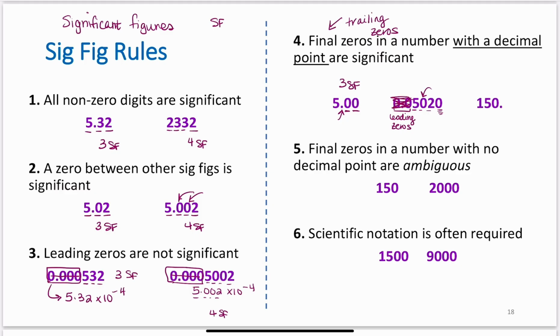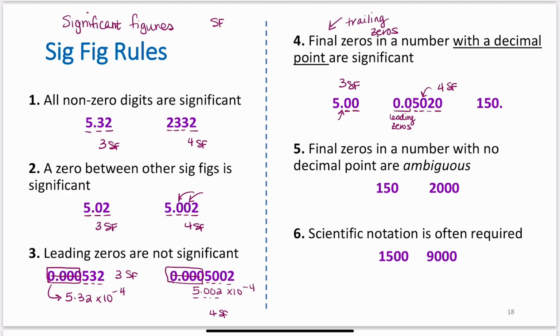This trailing 0, though, is after integers and the decimal place is present. So it's a trailing 0 that's present in a number that has decimal places, but also is after the integers. It is showing me that this measurement is actually precise out to the 5th decimal place. So this number here is also significant, and overall I have 4 sig figs here. The 5, this 0, 2, and this last 0 here all being significant.